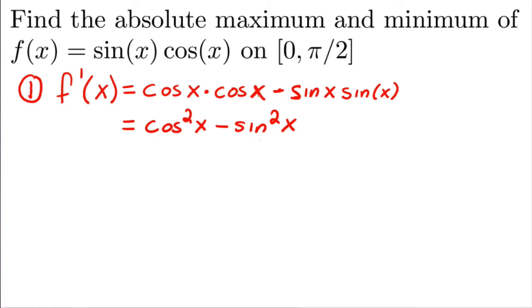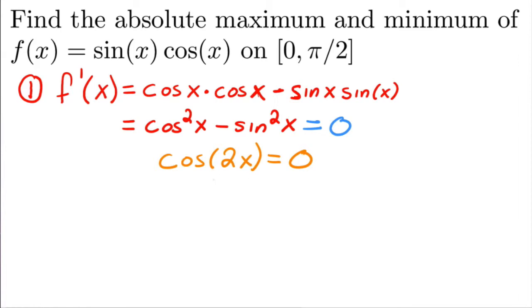Okay. Now you can solve it like this. We set it equal to 0, right? And we want to solve this function. But you might notice that cosine squared minus sine squared is equal to cosine of 2x. That's the double angle identity. And so we can just solve this one.